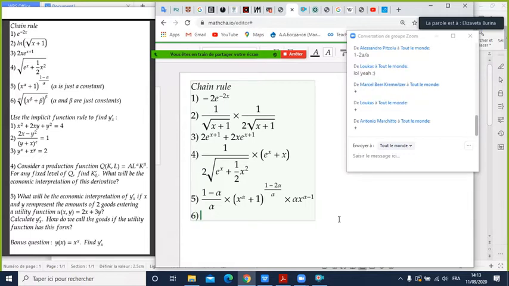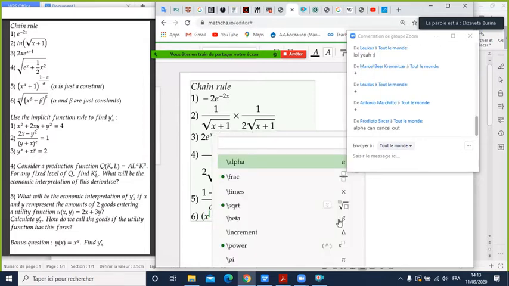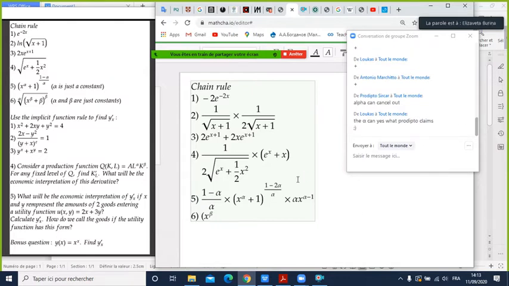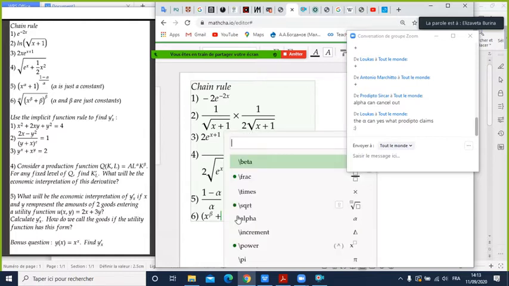Okay, and now the last one. So this thing is, let me rewrite it first for the sake of clarity. X to the power of beta. Alpha can cancel out. Not that great anyways.